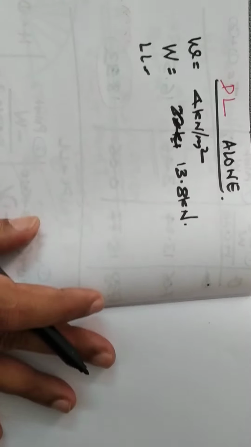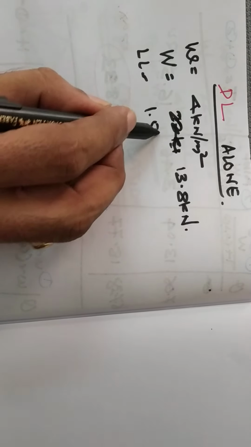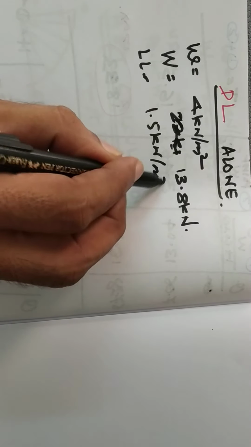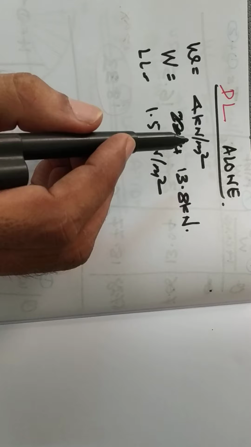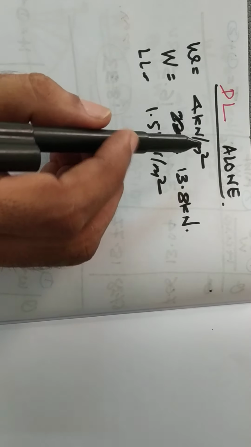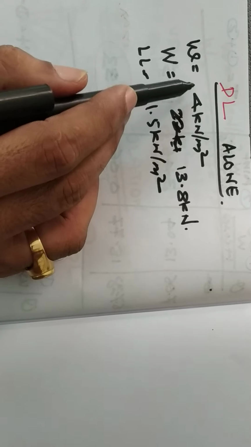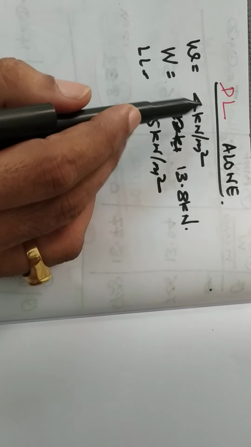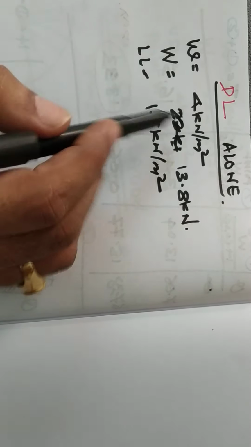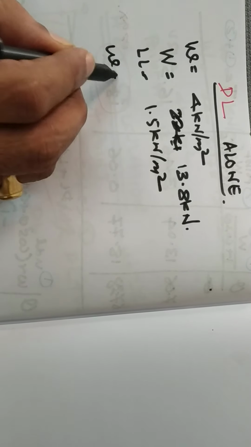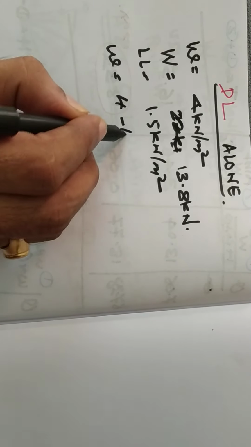Because live load is given in the question as 1.5 kilonewton per meter square. So that 1.5 you should deduct from this UD load as well as this. So your w will become 4 minus 1.5.